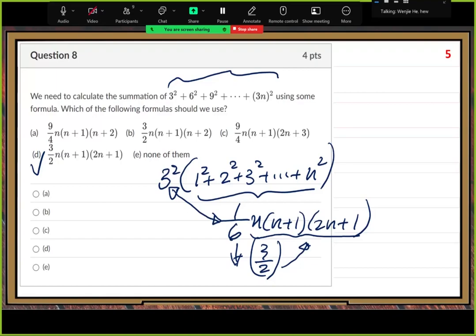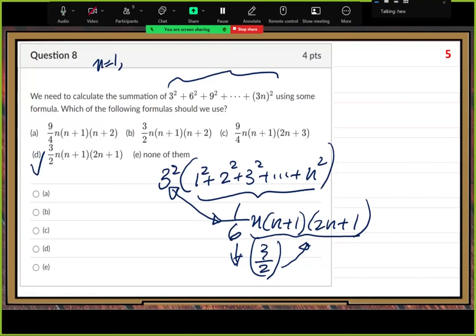For a question like this, if you know the formula, you use this way. But if some students do not know the formula, you can just plug in some small n numbers and check. First, plug in n equals 1. Which formula can be eliminated?